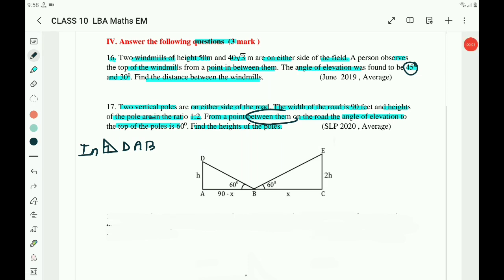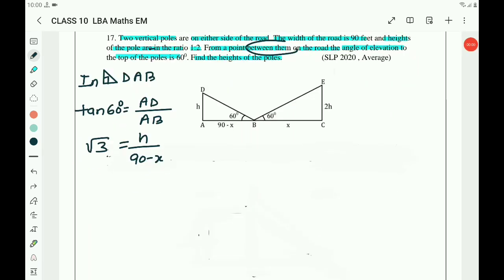The trigonometric ratio to be used here is tan theta, that is tan 60. Tan 60 degrees equals opposite side AD by AB. What is the value of tan 60? Tan 60 is root 3. AD is h and AB is 90 minus x. Consider this as first.